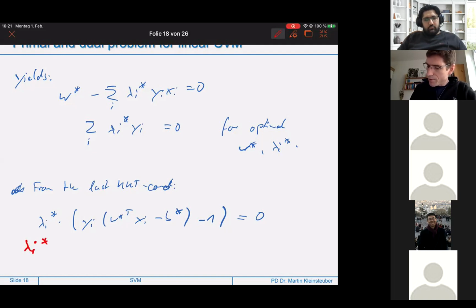So either lambda I star is 0 or yi times w star transpose xi minus b star minus 1 is 0.